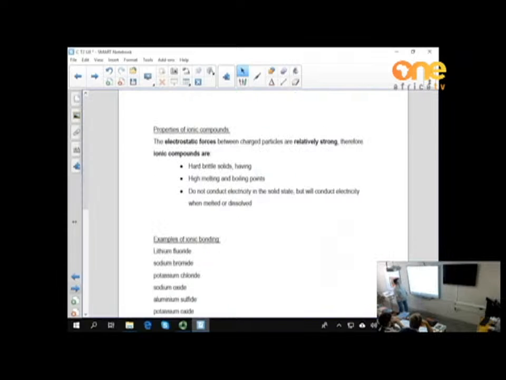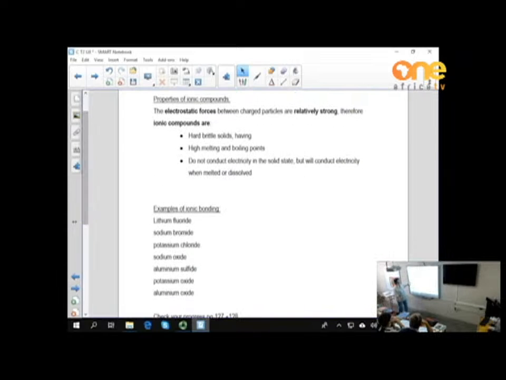Now, the properties of ionic compounds. Remember, usually a lot of the properties of these compounds go back to the strength of the forces between particles. The moment we have charged particles, like in ionic compounds, the forces between opposite charged particles, we call them electrostatic, or what type of forces?